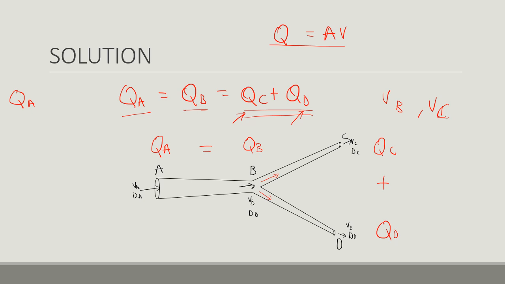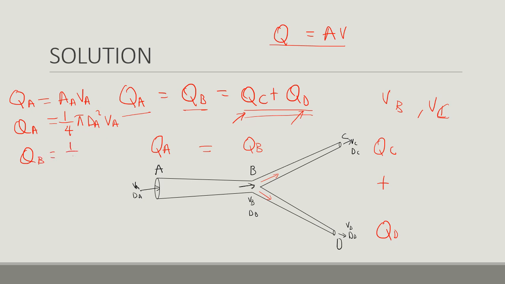Now, QA will be equal to A, the area of cross section A, multiplied by VA, the velocity of the fluid at that particular point in time. Now we can resolve this further to be 1/4 pi dA square VA, that is QA, and we can bring out the equations for the rest similarly.